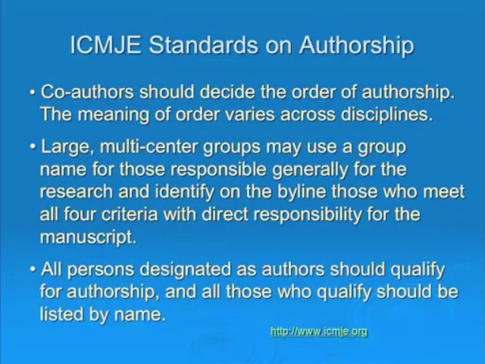So in a big interdisciplinary group, we may have lots of co-authors, and we may have lots of co-authors whose specific contributions are defined differently by them as opposed to how others say that they may have worked. The argument here is that your contributions need to be assessed by the group. The order of authorship, which in almost every field indicates the importance of the contributions, needs to be worked out by the group. People need to know what everybody did and how important it was to the paper.